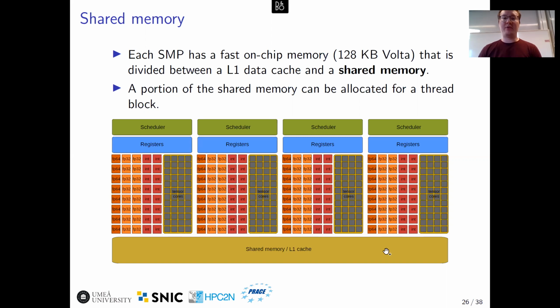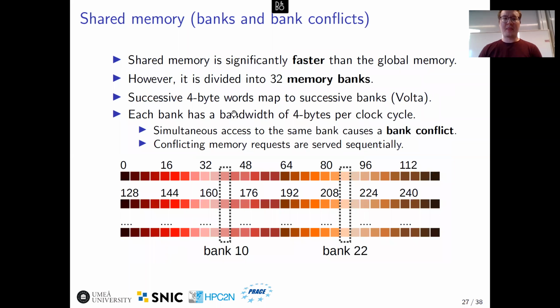And when you have a thread block being scheduled to an SM, the kernel is allowed to take a section of the shared memory and use it for the computations done by the thread block. Shared memory is significantly faster than the global memory because it actually exists on the die itself, and it is physically located very close to the cores.